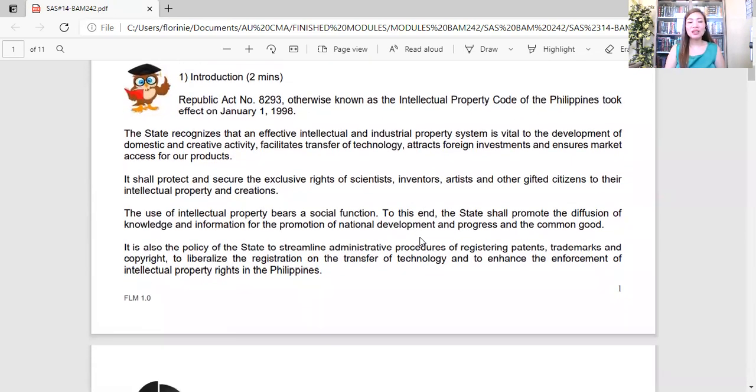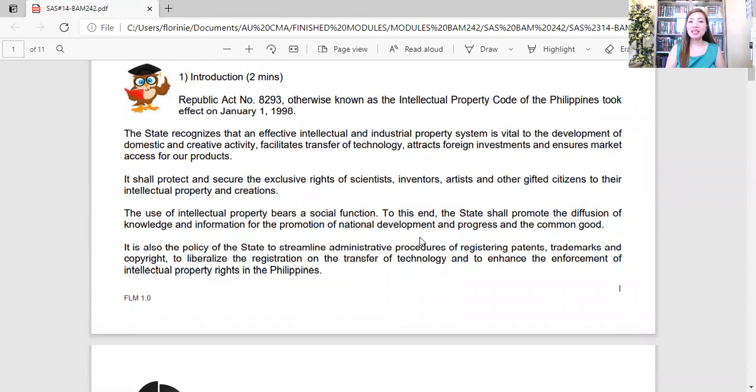Let's move on. It says here that the use of intellectual property also bears a social function because to this end, the state shall promote the diffusion of knowledge and information for the promotion of national development and progress and the common good. Alam nyo kasi kapag na-encourage natin ang mga bright minds at mga gifted people na mag-create ng iba't ibang mga invention na makakapagpagaan ng buhay ng tao dahil alam nilang ito ay pinoprotektahan natin, hindi ba maganda rin ito para sa ating bansa as a whole?